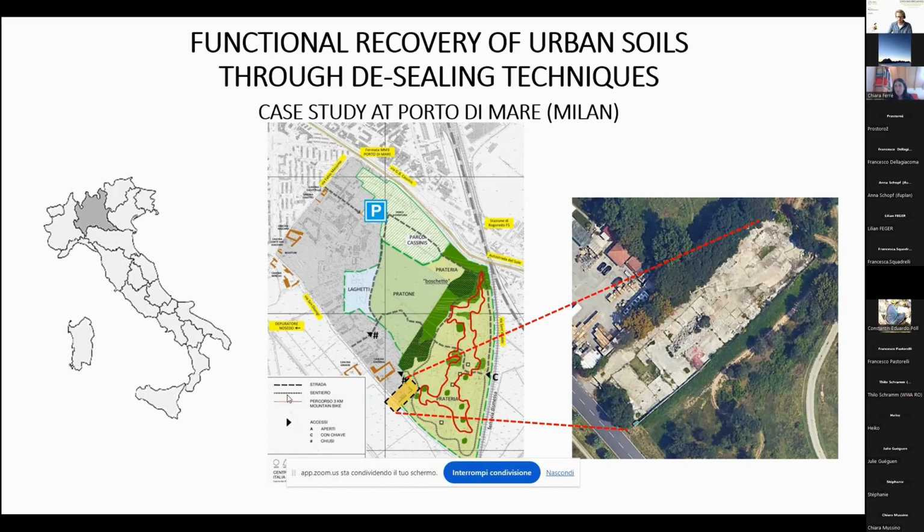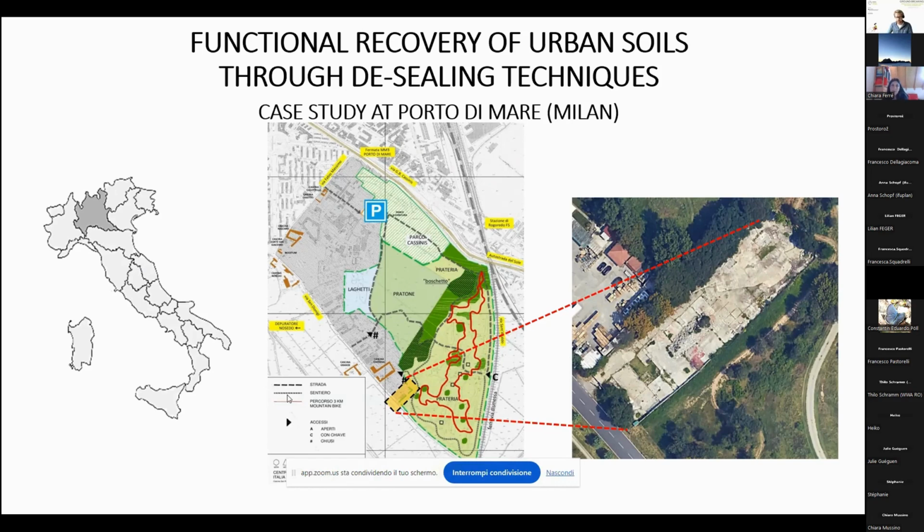Yes, because together with colleagues of Florence and also Palermo, we discussed the idea of studying unsealed soil, and we started with the experiment in different parts of Italy, with some similarities, but also with some differences.